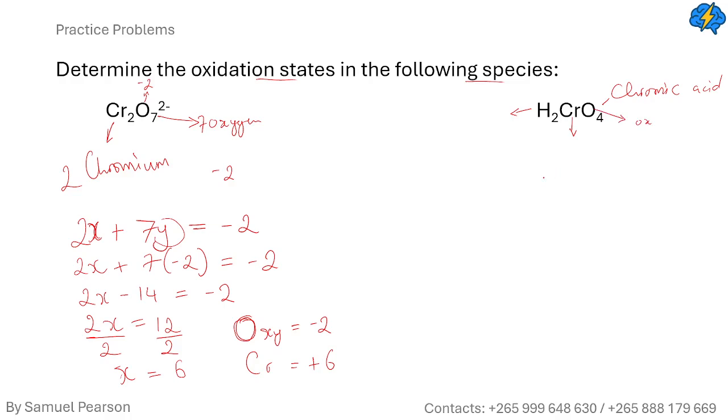This is a neutral compound. Why am I saying that? The reason is that the charge of this compound is equal to 0. Remembering our rules for assigning oxidation numbers, in any neutral compound the oxidation number of hydrogen is positive 1.